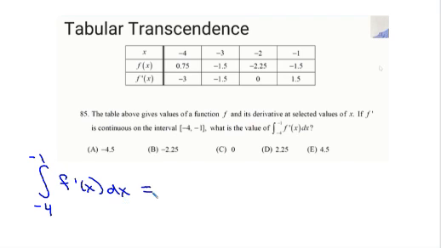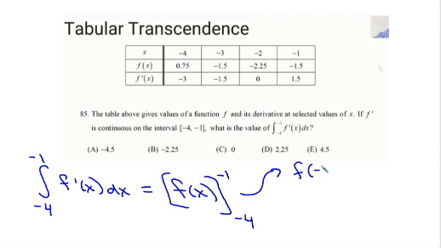All right? So I want to show you a new kind of notation. What we can do is we can put that original f of x there. We can put a little bracket around it like this, and we can put our limits of integration like that. And what that tells us is it tells us that we are going to find f of negative 1, and we're going to subtract f of negative 4.